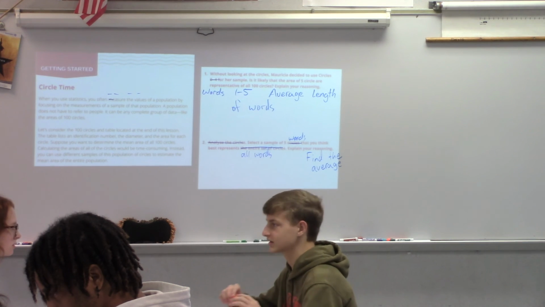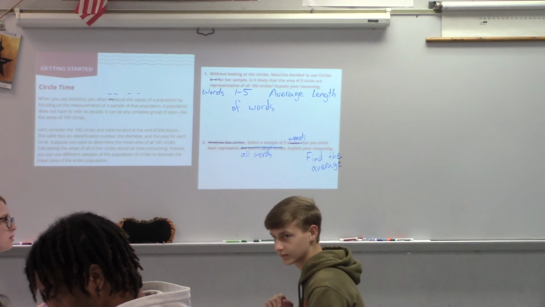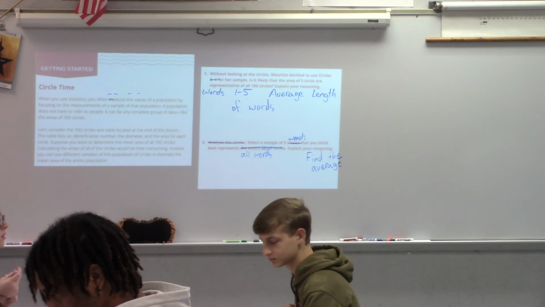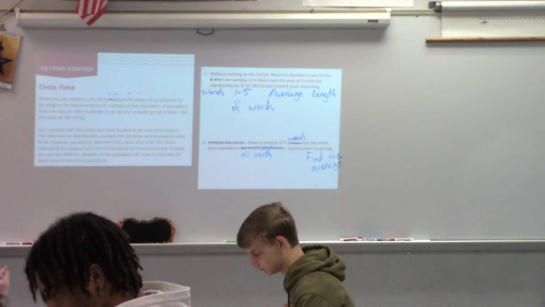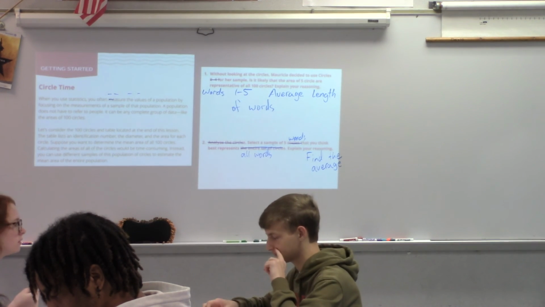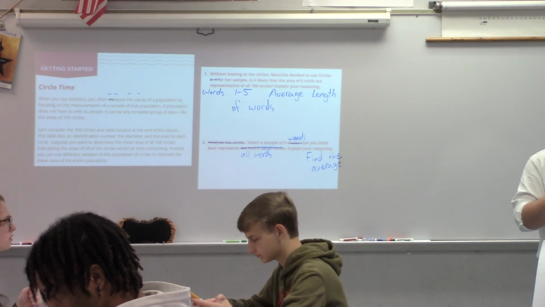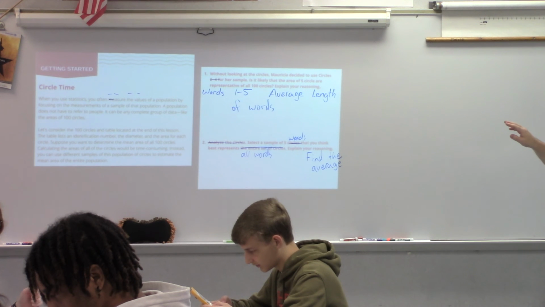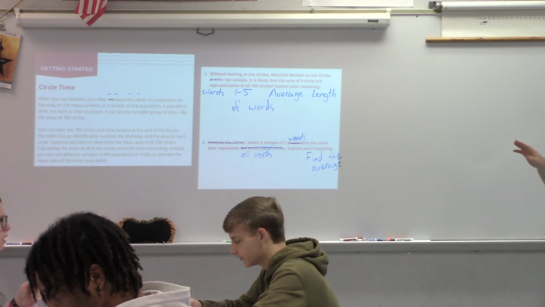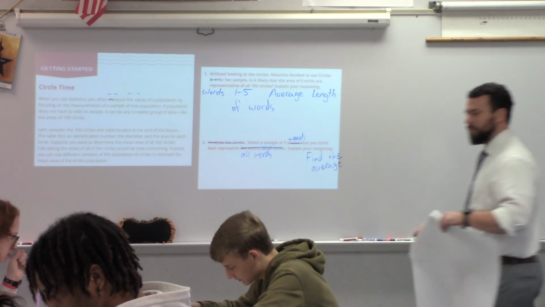Does that make sense? You're finding the mean length of each of those words. Guys, that's all you're doing. You're finding the mean or average length of those 5 words for the first 5, and then for the second 5 that you select.